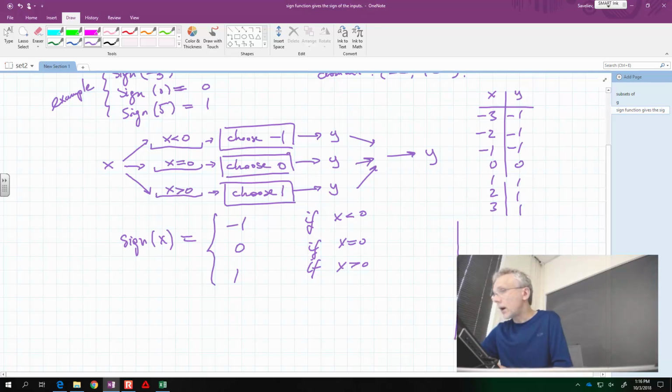So if I now plot these points, they behave very simply. The x values are -3, -2, -1, 0, 1, 2, 3.